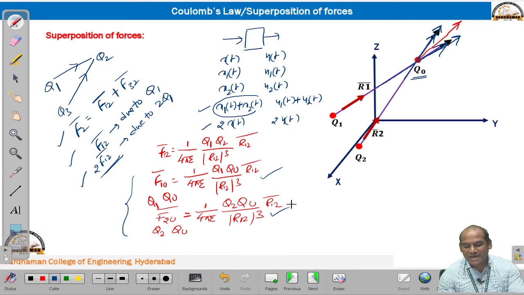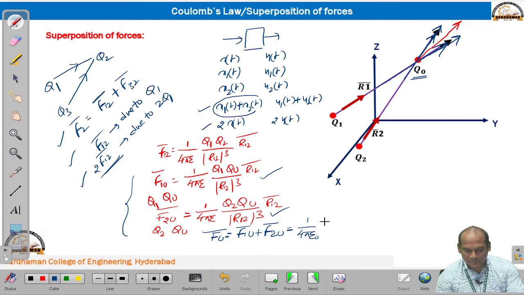For the overall force on Q naught, we have to take the addition of these two. So, F naught, the overall force on Q naught, is equal to F10 plus F20. What is common for them? 1 by 4 pi epsilon naught is common, Q naught is common. Then here I have to take R10, here R20.